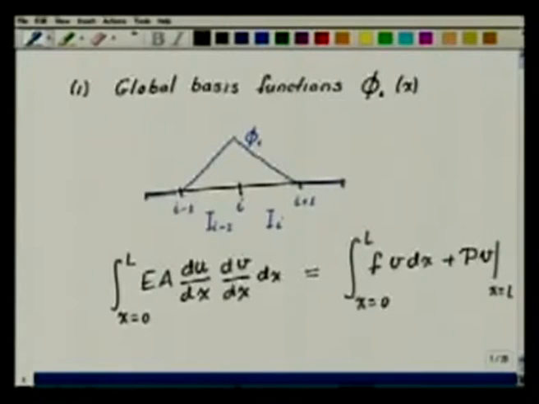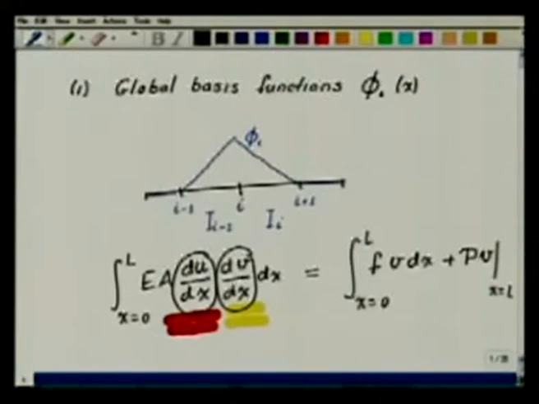So, now let us look at this part. Here you see that these terms are sitting in this integral. What we want is for this integral to be finite. Now, what does it mean? If this integral has to be finite, then each of these terms, du dx and dv dx, have to be defined in the domain of interest.